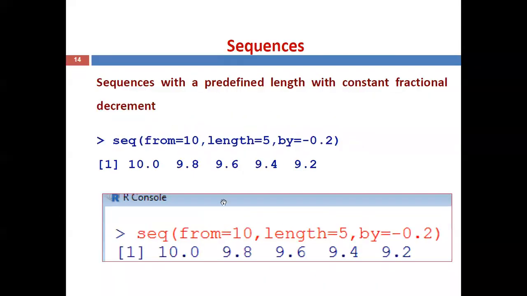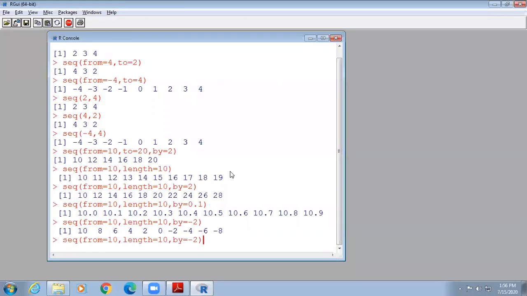Then another example, sequences with a predefined length with a constant fractional decrement. So fractional decrement here minus 0.2 is the decrement value. So here length is taken 5. Whatever the length you take, it generates the sequence with that particular length. Now you can run this one.